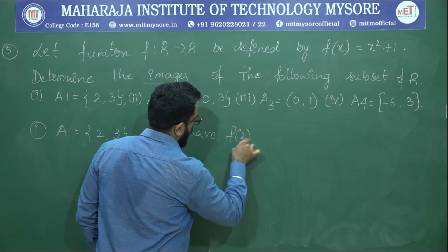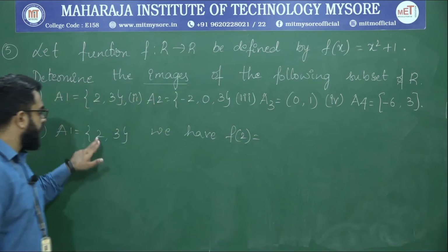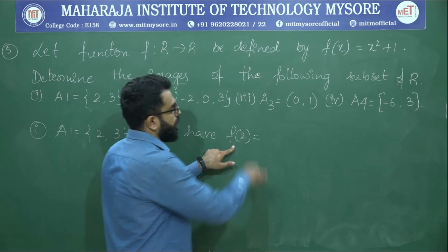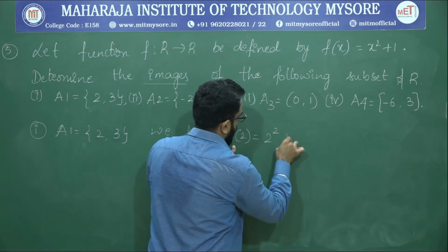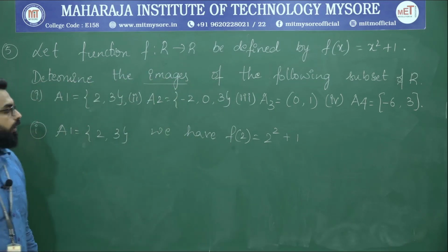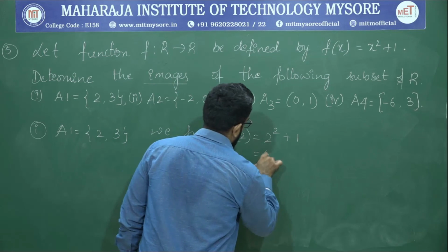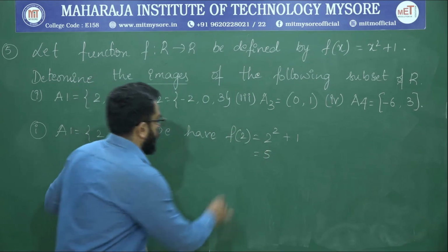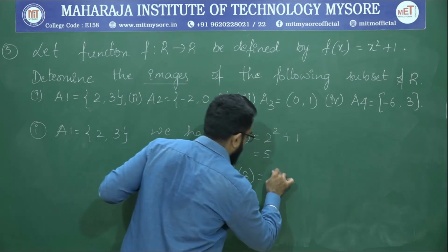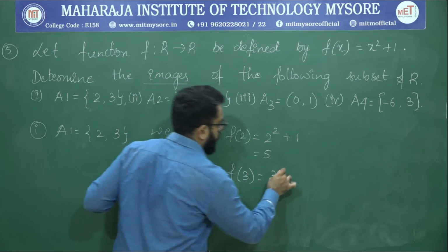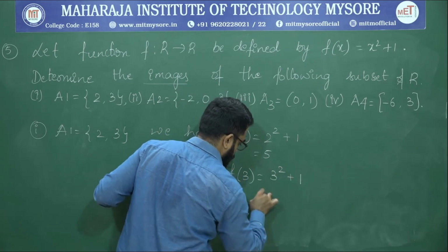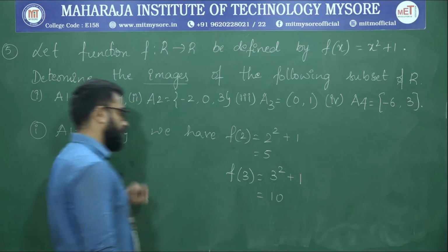f of 2. So how do we identify the image of 2 under the function f? It is f of 2, that is, substitute x by 2. On solving that, what do you get? It is 5. Then, in the place of x, I am replacing x by the next element, that is 3. 3 square plus 1, that is 10.